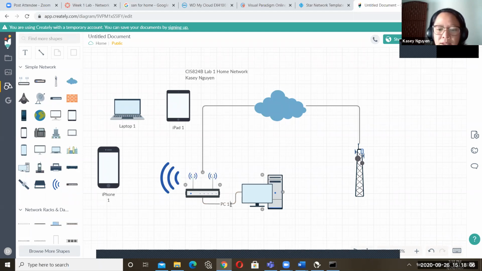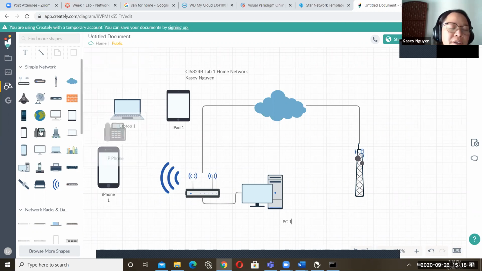I didn't want that label there, but let's say we want to add text here. Oh, come on. And then we can move it. So we can say PC 1. Okay. So you can have fun with this. And then when you're done, just take a screenshot for me, paste it onto a document or save it as a file so you can upload it.